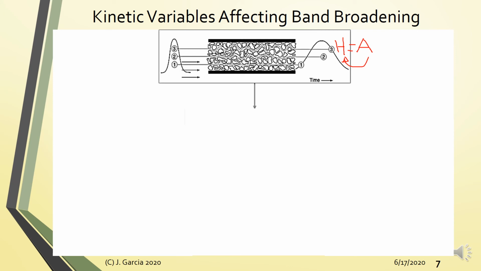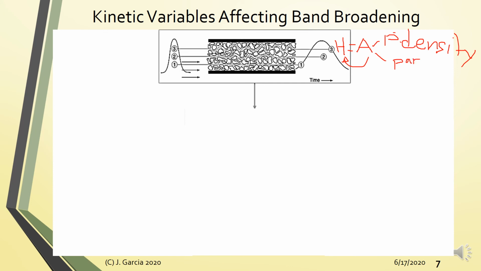Again, this is related to the packing density of your stationary phase. So let's write that down. Sorry, I'm using my mouse for writing right now. So you have the packing density, also the particle size.